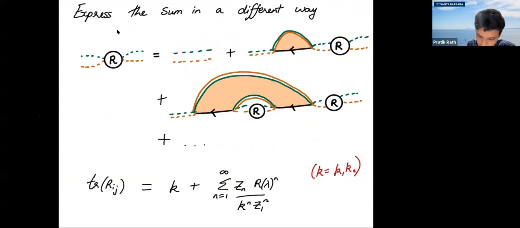Once we look at the first connected component, it could have a single asymptotic boundary, followed by arbitrarily many terms which are disconnected from it, which essentially is the same as what the resolvent was calculating anyway. Similarly, we can have terms which have two asymptotic boundaries in the first connected component, and then we have resolvents everywhere in the middle, which disconnect these two boundaries, and so on.